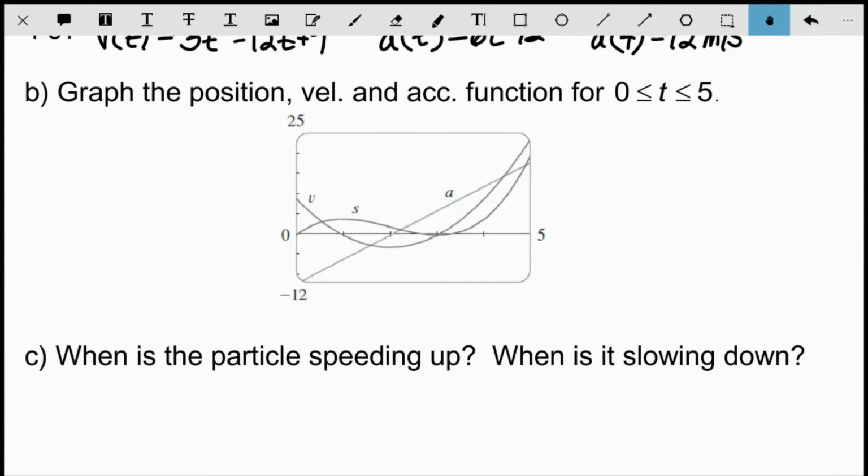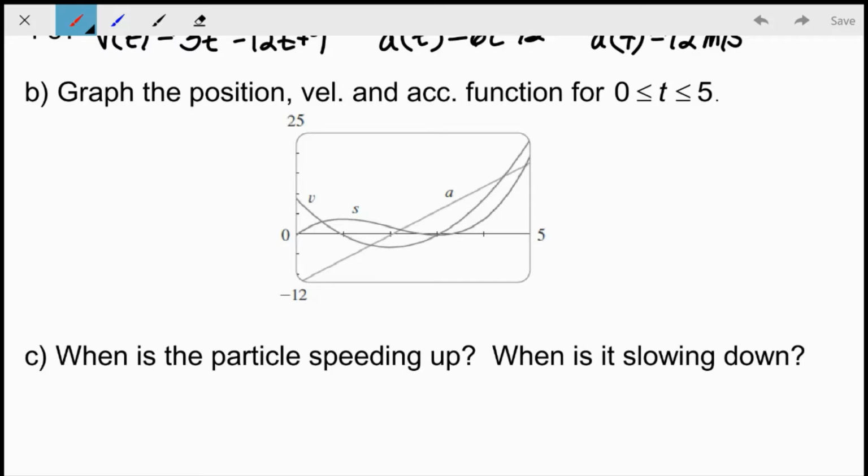Part C, it says, when is the particle speeding up? So speeding up and slowing down, this is going to be the one thing in this section that can trip you up a little bit. And so I want to show you a few different ways that you can figure out speeding up and slowing down. When we have a graph, this is actually pretty easy to do if we're looking at a velocity graph. So remember, speed is the magnitude of velocity.